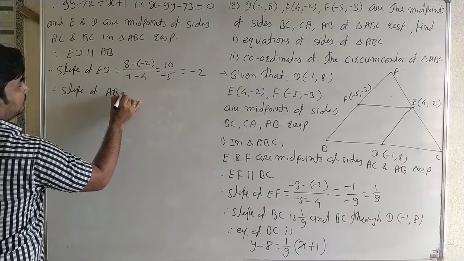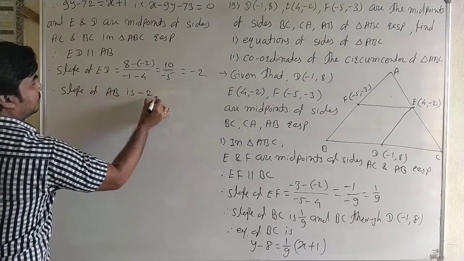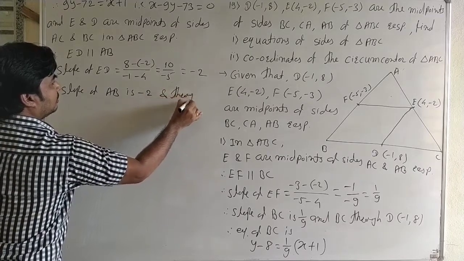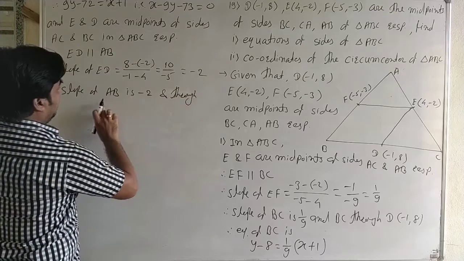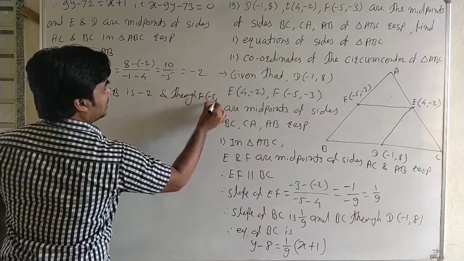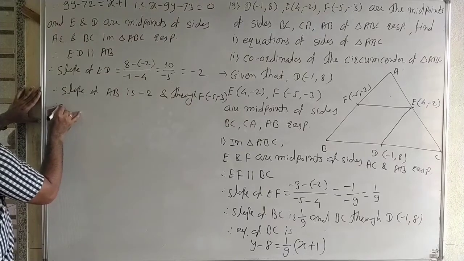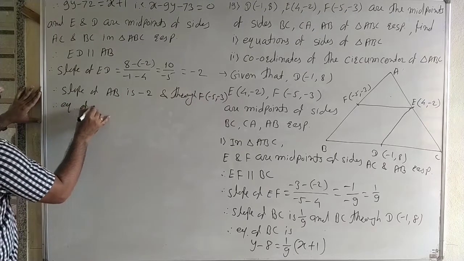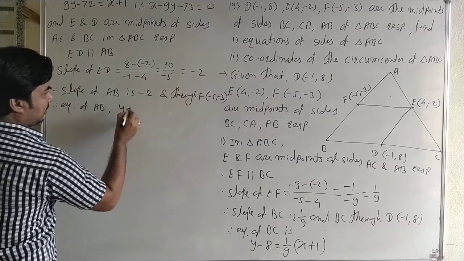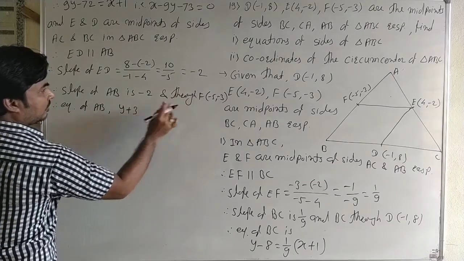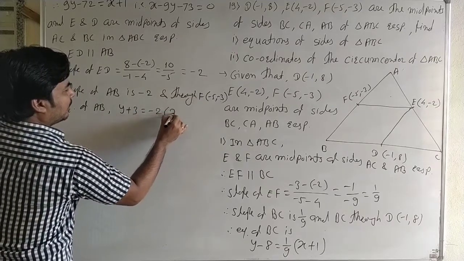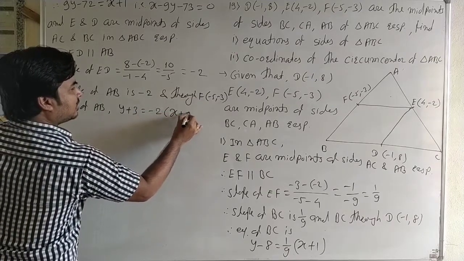Slope of AB is minus 2 and AB passes through point F, which is minus 5 comma minus 3. Therefore, the equation of AB is y minus y1, that is y plus 3, is equal to slope into x minus x1, that is x plus 5.